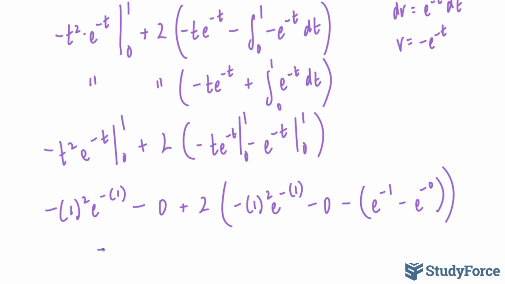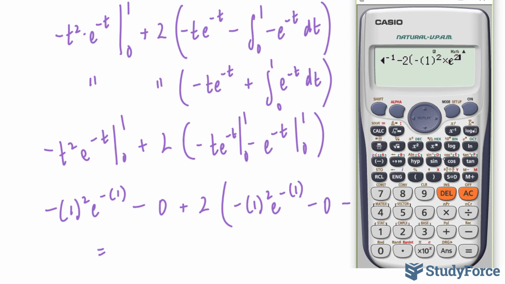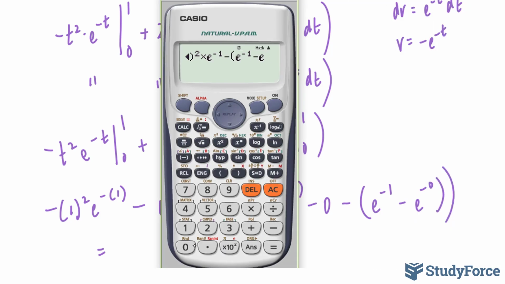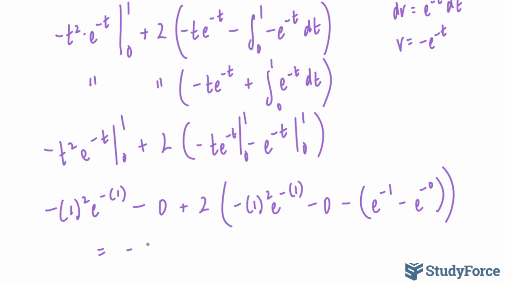And if we plug this all into our calculator, we end up with negative 0.89. So let's try to interpret this.